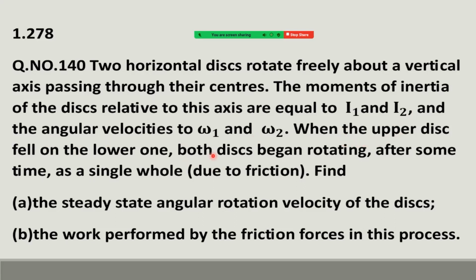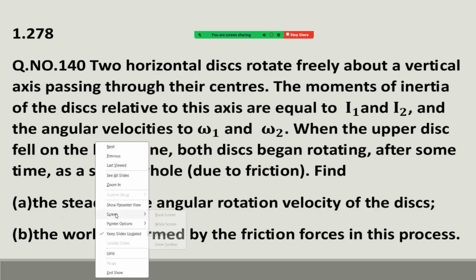When the upper disk fell on the lower one, both disks began rotating after some time as a single whole due to friction. Find the steady state angular rotation velocity of the disks. Second, the work performed by the friction forces in this process. Right, see the question.